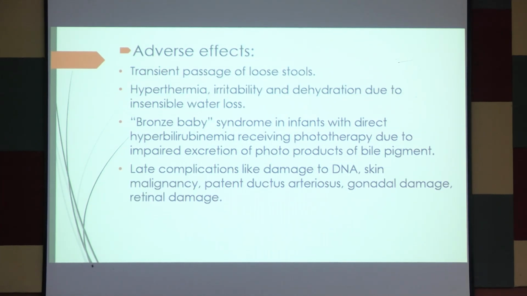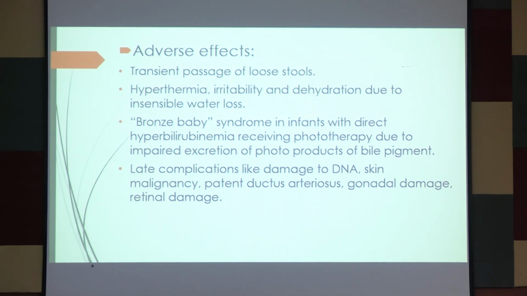Now, there are some adverse effects of phototherapy. Phototherapy is very effective and the most important treatment of neonatal jaundice, but there are some adverse effects. Transient passage of loose stools, then hyperthermia, irritability, dehydration. Because of this dehydration, again breastfeeding is very important.